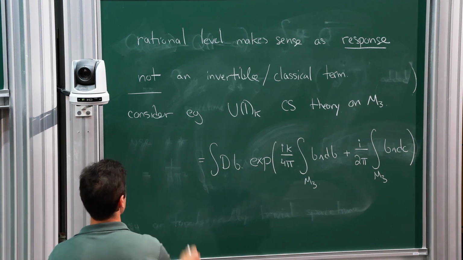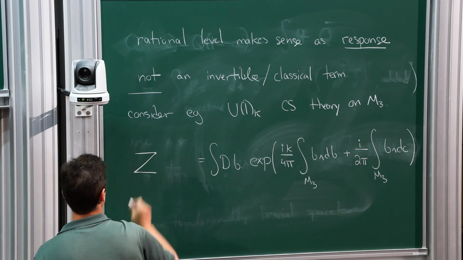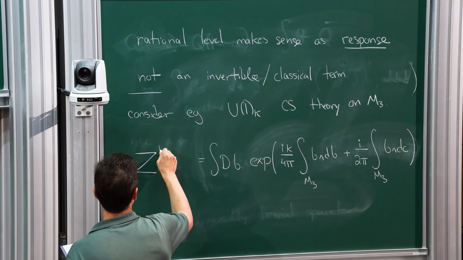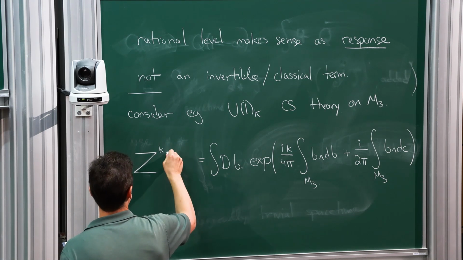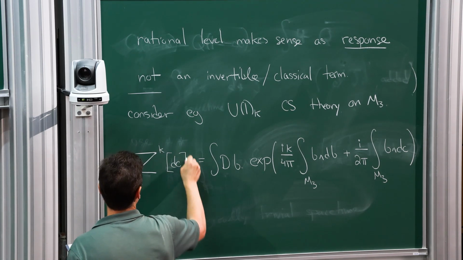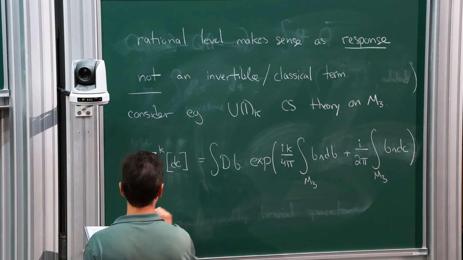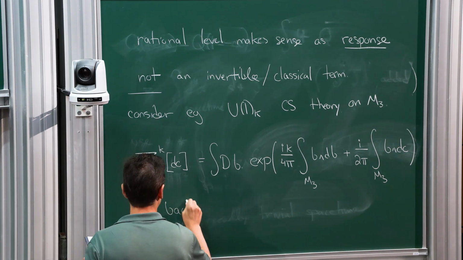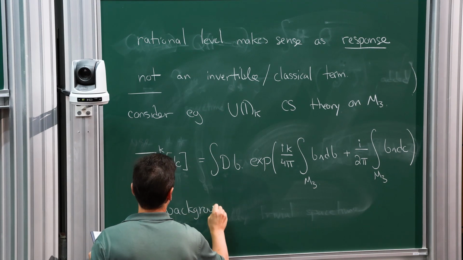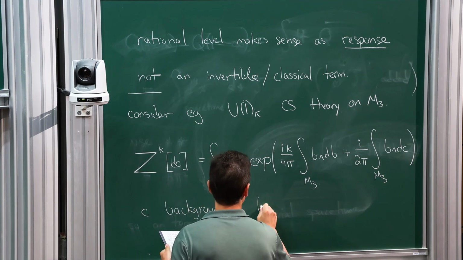So this is a partition function. We'll give it some notation. It's Z_K, which depends on C. Here C is background in this calculation, and B is dynamical.